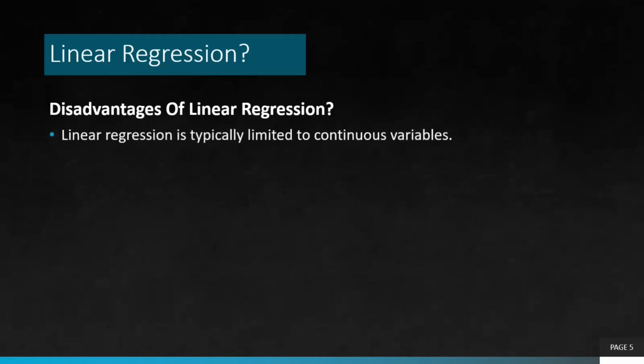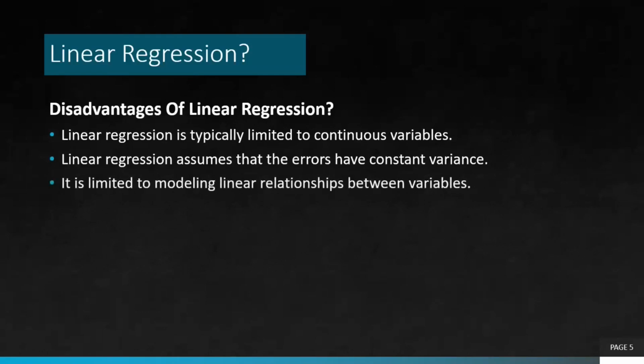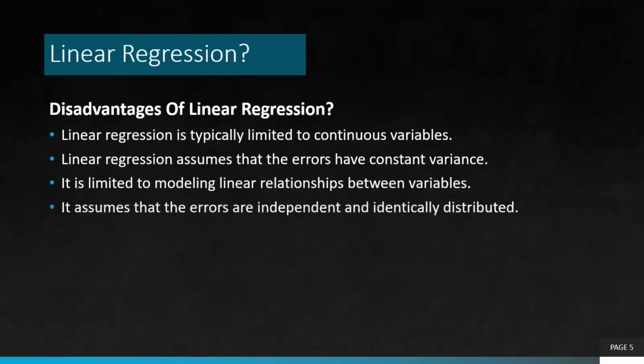Now it's time to see the disadvantages of linear regression. Linear regression is typically limited to continuous variables. It assumes that the errors have constant variance. It is limited to modeling linear relationships between variables. It also assumes that the errors are independent and identically distributed.